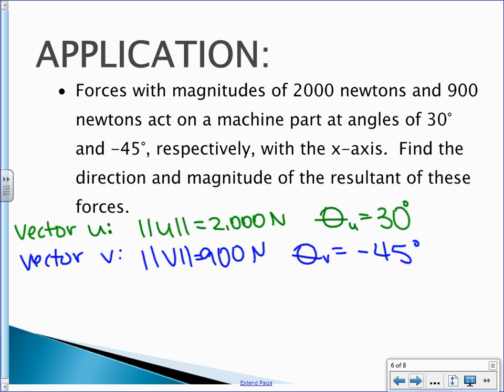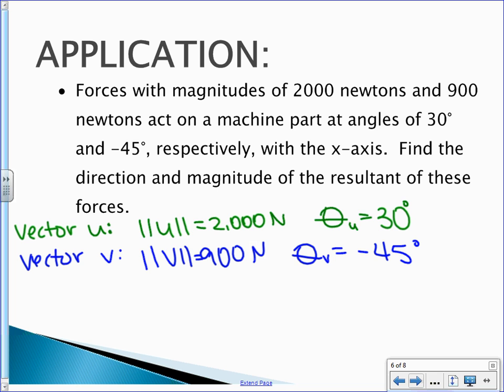These two forces are acting on a machine part. We want to know the resultant of these forces. What are they asking for? The sum. These forces are acting together. What kind of force do we get when we add them together? So we need u plus v.